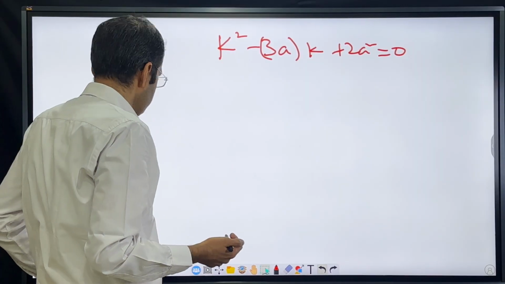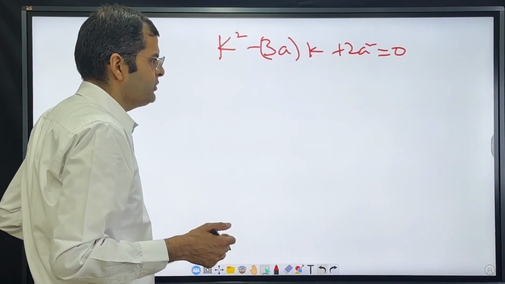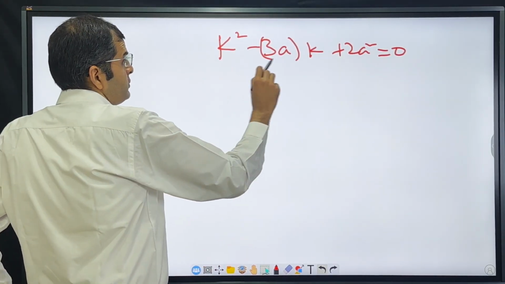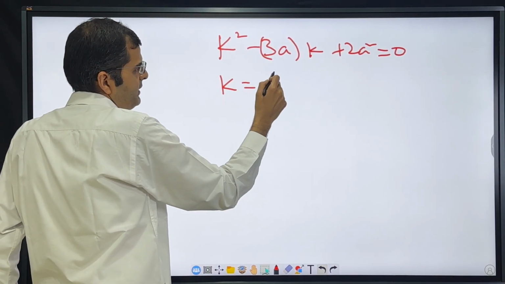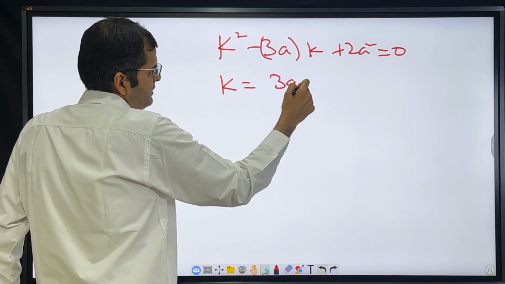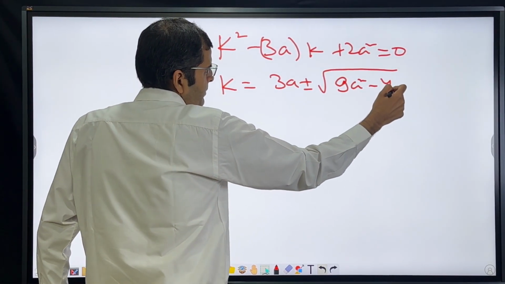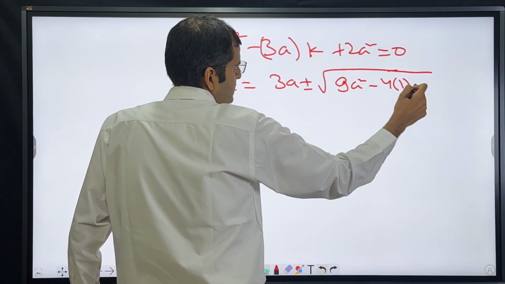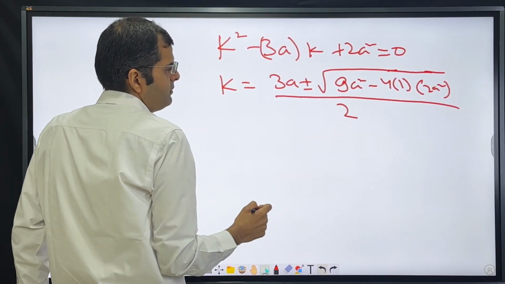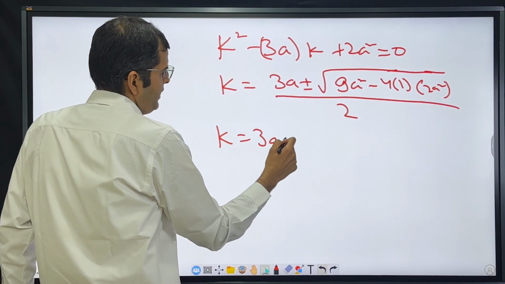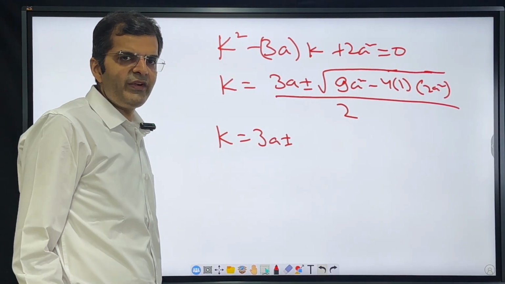So if I get two values of K, I get two possible triangles. And then I have to find the ratio of areas of the triangles. So here, what are the values of K? K will be minus b, which is minus of minus 3A, that is 3A, plus minus under root of b squared, which is 9A squared, minus 4 into a, which is 1 here, and c is 2A squared, divided by 2 into 1, which is 2. So K is equal to 3A plus minus under root of 9A squared minus 8A squared, that is under root of A squared.